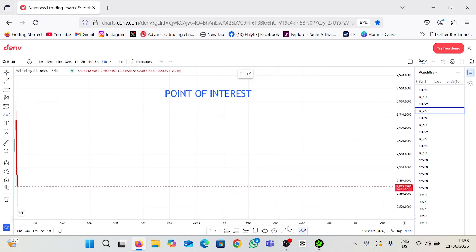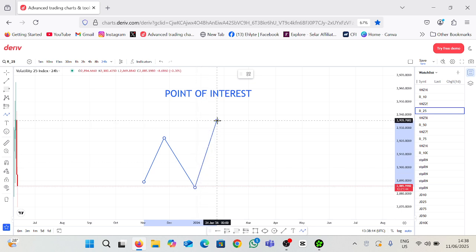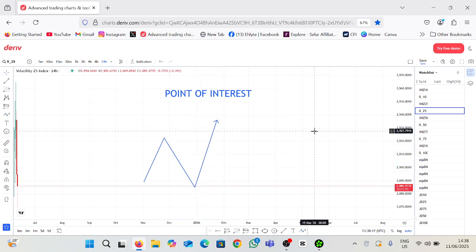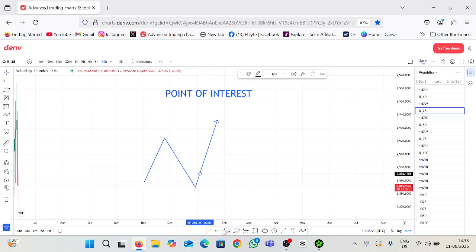Okay, take for example, we have the basic market structure, where we have a point moving like this. Now we have our entry to be somewhere at this point, somewhere like this.